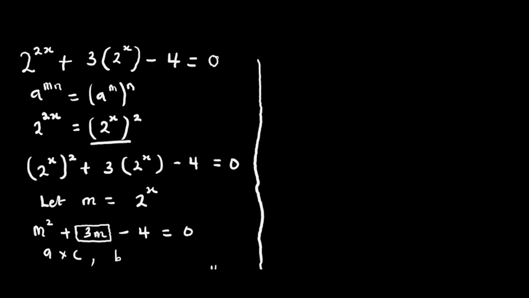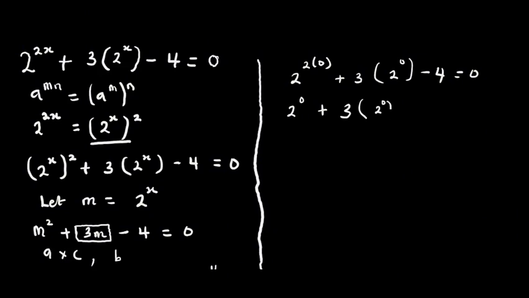If x is equal to 0, then let's see if we are correct. 2 to the power of 2 multiplied by 0 plus 3 multiplied by 2 to the power of 0, because x is 0, minus 4 equals 0.